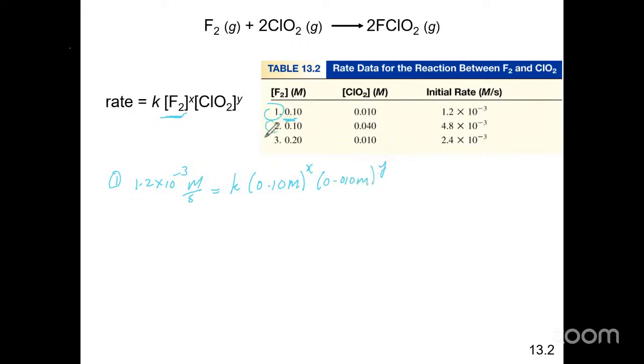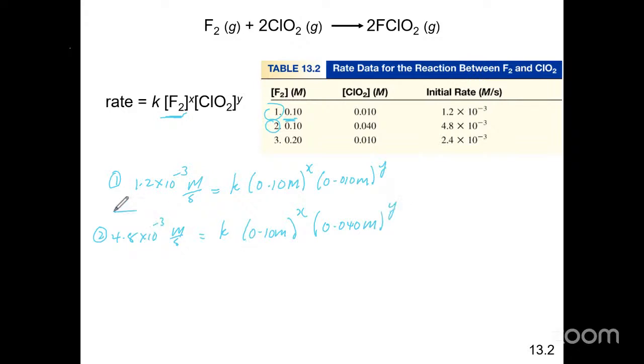Then for the second run, the rate is equal to 4.8 times 10 to the minus 3 M per second, equals k, again we don't know what k is, times the concentration of fluorine, which is 0.10 M raised to the x, times the concentration of ClO2, 0.040 M raised to the y, all right?